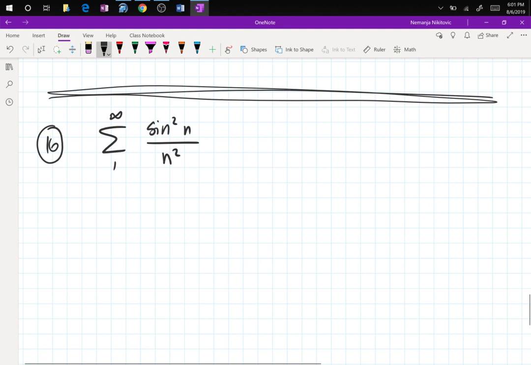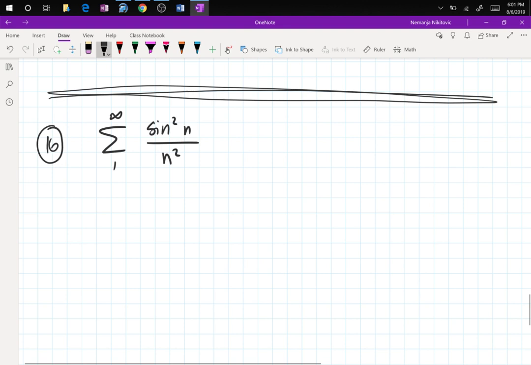Guys, the most sine and cosine can be is 1. So when you see series with sines and cosines, except in 2 cases, you can ignore them. Just cross them off. Because that sine squared on top can at most be 1, and the lowest it can be is 0. So it doesn't really contribute to convergence or divergence at all.